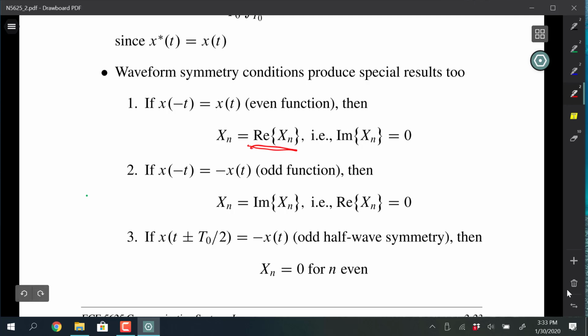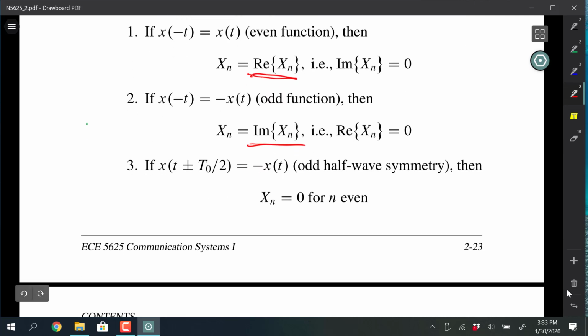And if it's an odd function, so the function is the negative of itself on the negative time axis, then it's purely imaginary. And then the third in this collection of symmetry properties is odd half-wave symmetry, and that's kind of the classical square wave thing.